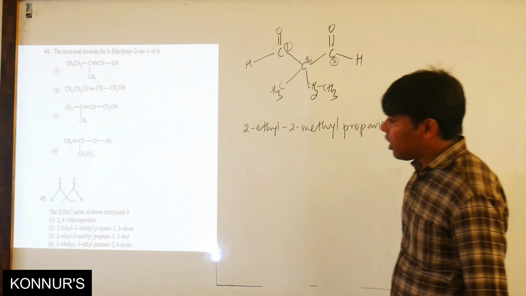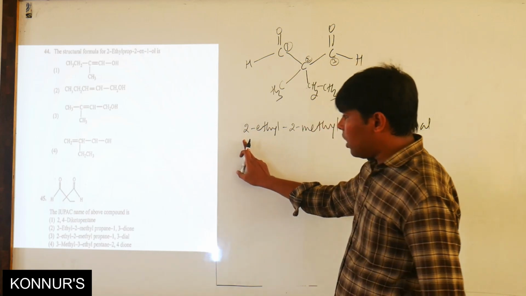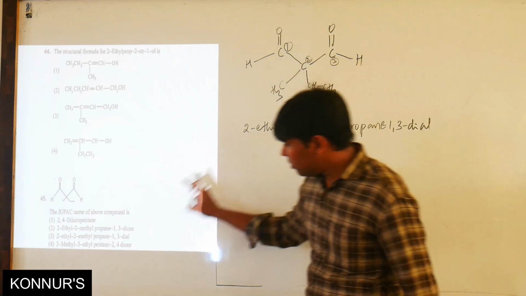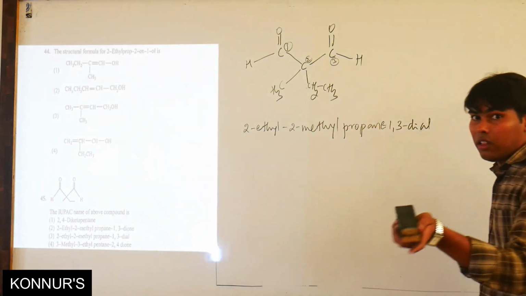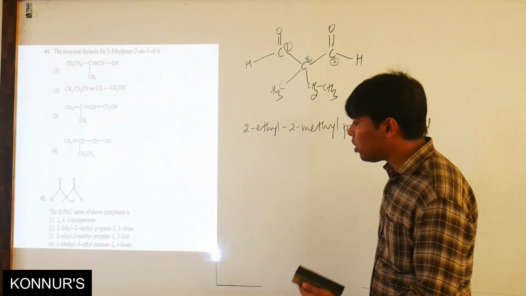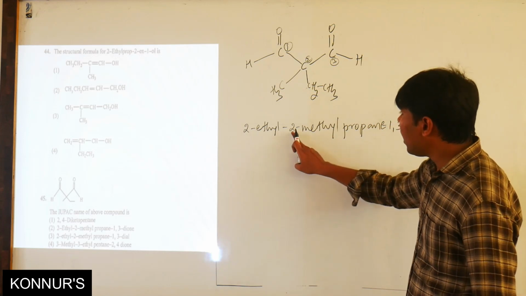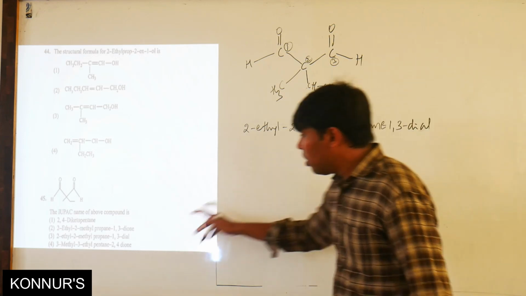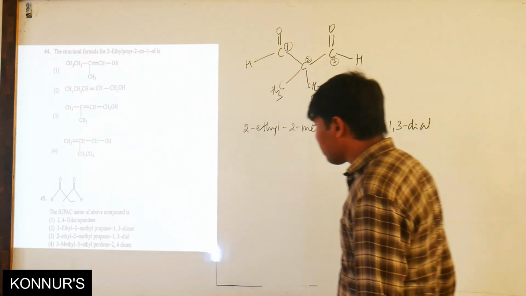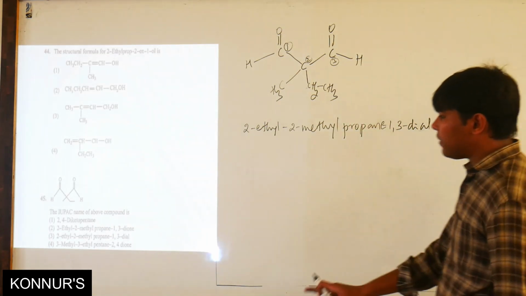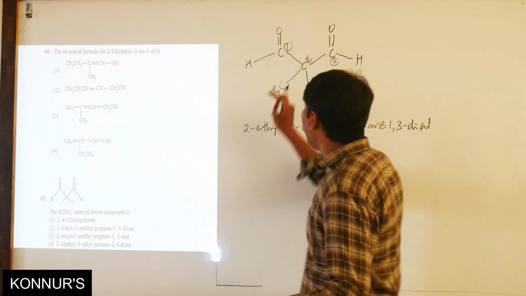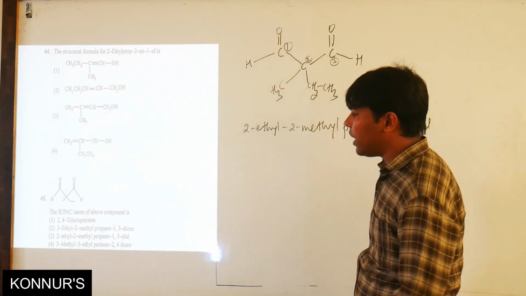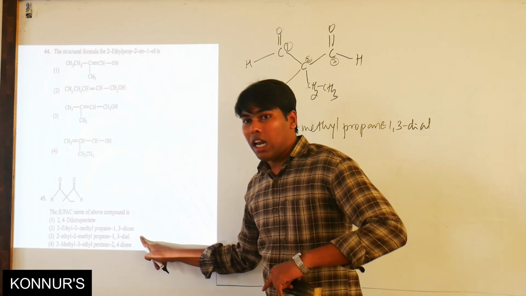So where is this name? Check in the options. 2-ethyl. There are 2 options, the second and third options, which contain 2-ethyl. And on 2 there is a methyl, 2-methyl. Now the second option contains a ketone, but it's an aldehyde. CHO, it is an aldehyde.